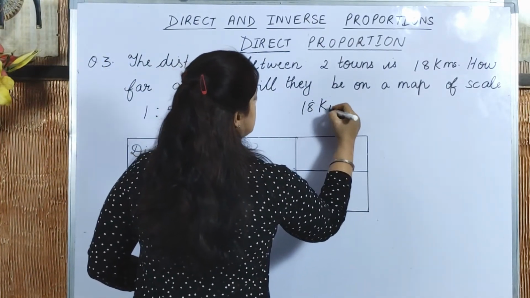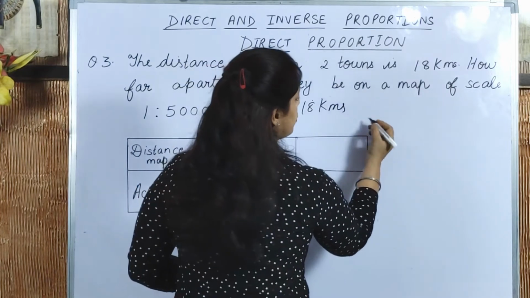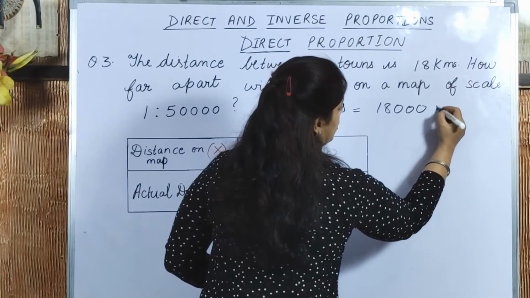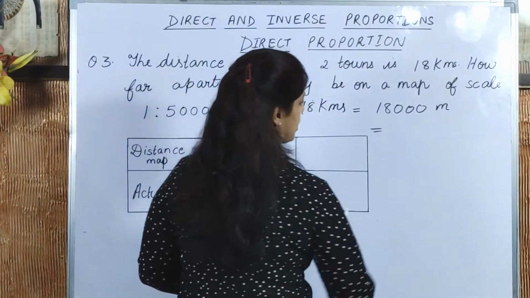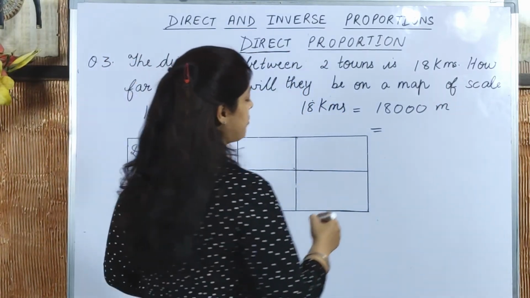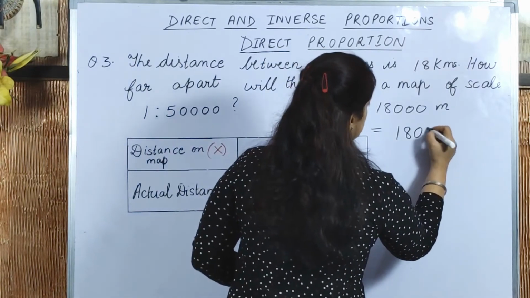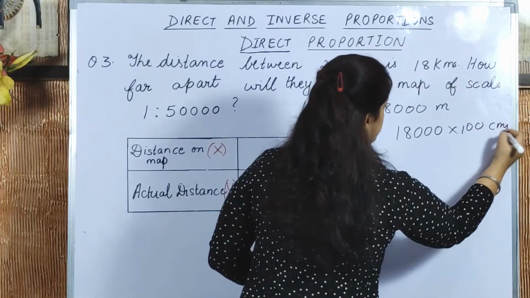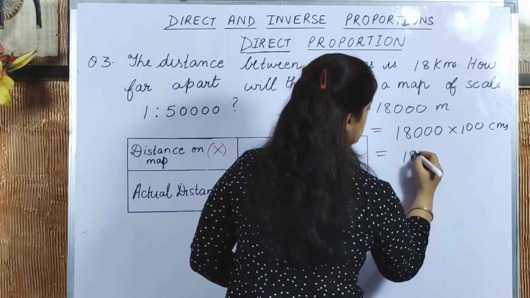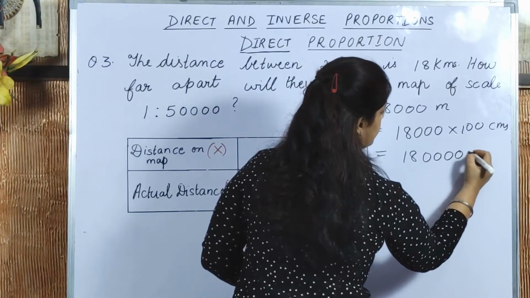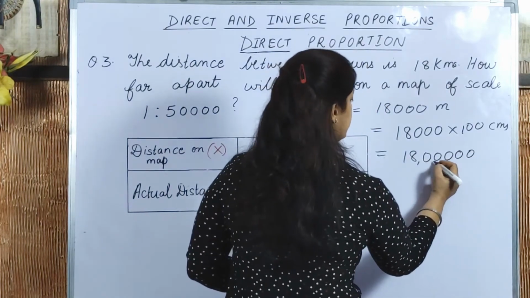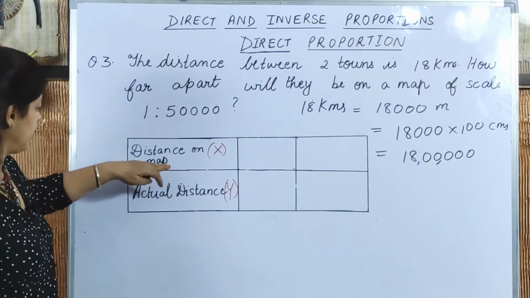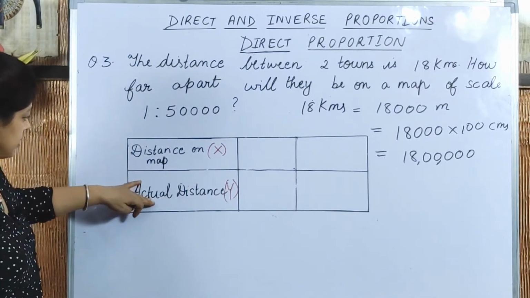So 18 kilometers, in order to convert it into meters, we multiply by 1000. So we get 18,000 meters. And to further convert this into centimeters, we multiply by 100. So 18,000 into 100 centimeters. So this becomes 1, 2, 3, 4 and 5. This is 18 lakhs. So here there's a comparison of distance on map to actual distance.